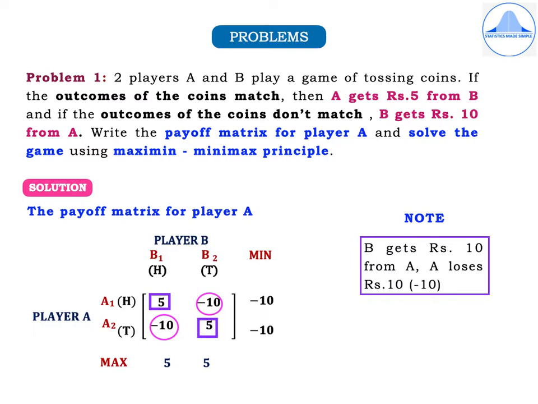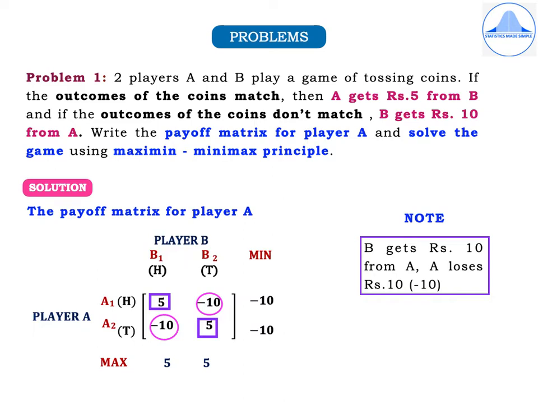The minimum value is minus 10, which is circled in pink color, and then you write it under the minimum column as minus 10. Similarly, corresponding to the next row, that is strategy A2, the minimum value is minus 10, circle it and then write the value minus 10.